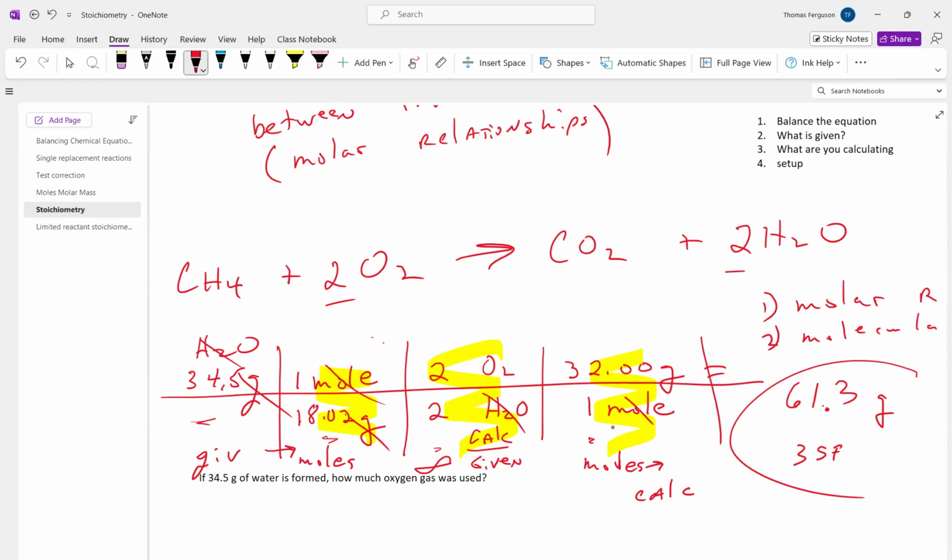All right, any other questions about this? Now, I've been really pushing this conversion throughout the whole semester, so this shouldn't be a giant leap. Now, test 4 is going to be very focused. It's going to be stoichiometry, nothing else.